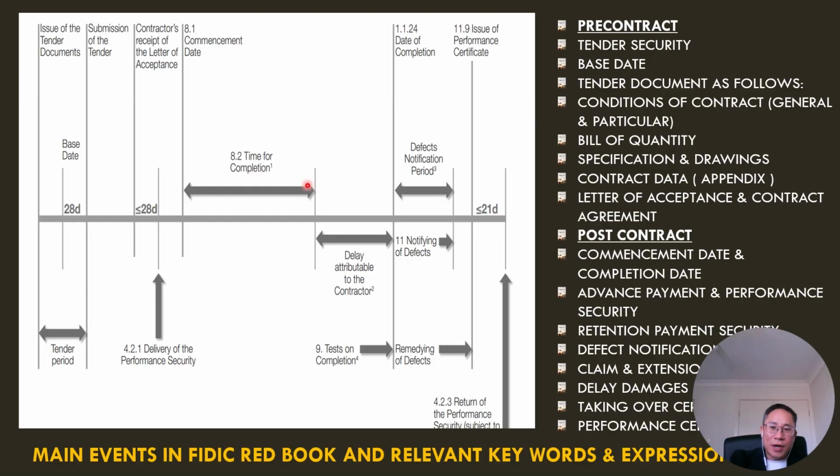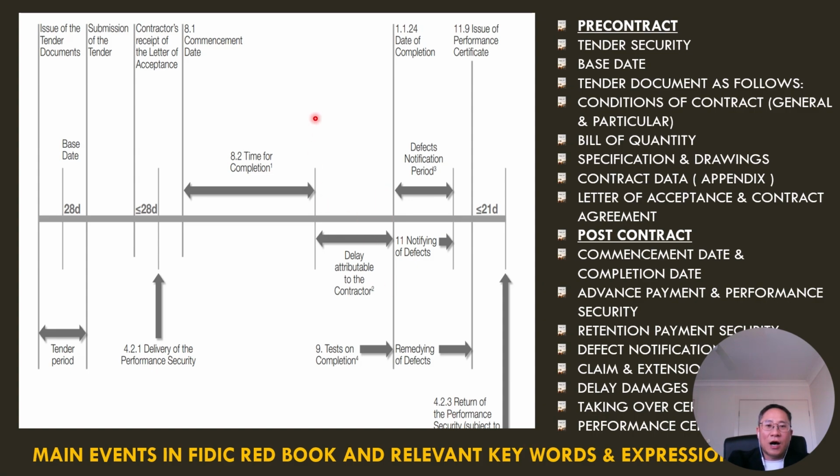For example, if the term for completion of a project is 12 months, stipulated in the letter of acceptance, then the contractor must complete the work within 12 months from the commencement date.